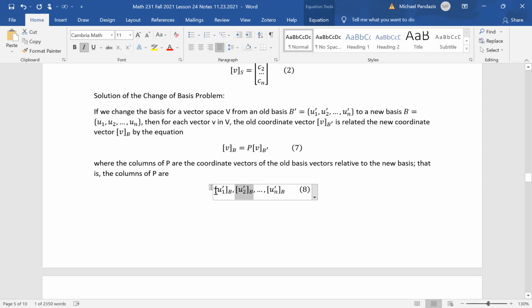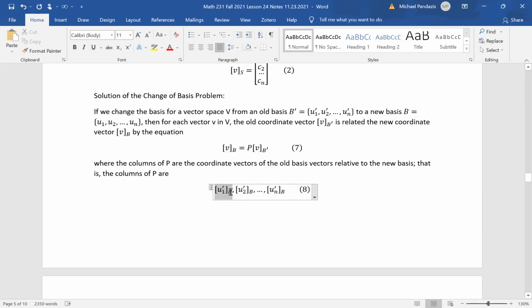To find the first column of the transition matrix P, you take the first old basis vector, U1 prime, and express it as a linear combination of the new basis vectors. There's exactly one way to do that. The coefficients of that linear combination correspond with the components of the vertical matrix U1 prime sub B.